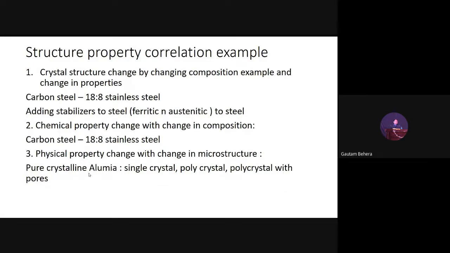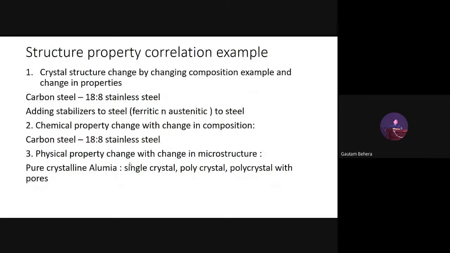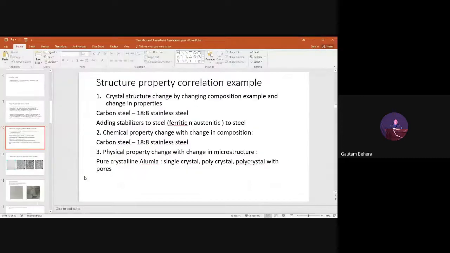If you take three different pure crystalline alumina, in one case you have a single crystal pure alumina, in another case a polycrystalline pure alumina, and in another case polycrystalline alumina with some pores. So what happens? There is a change in properties. Does anybody remember that one? What kind of properties you'll get? Change in properties.